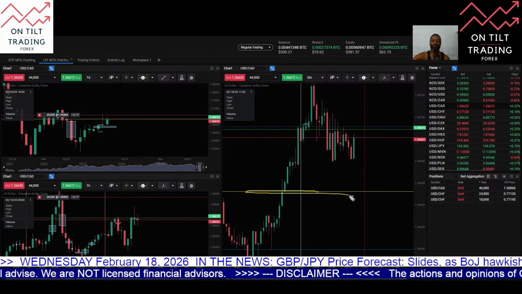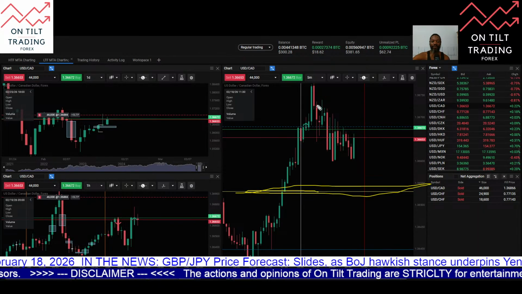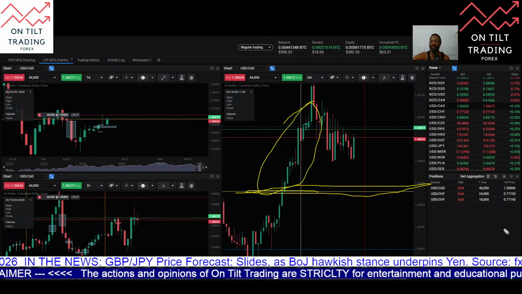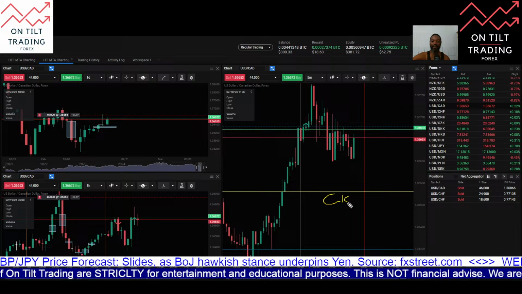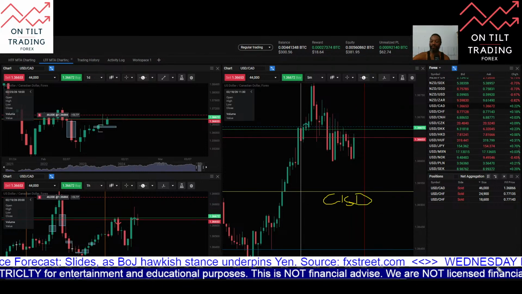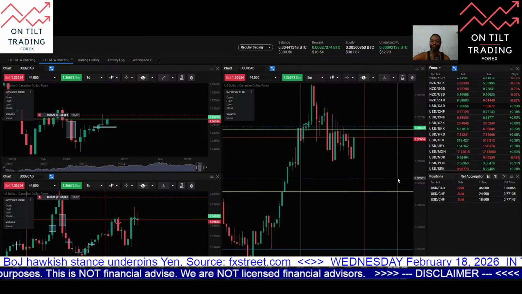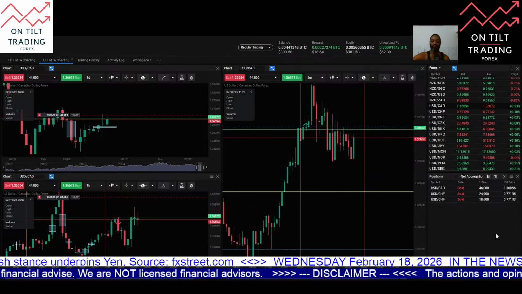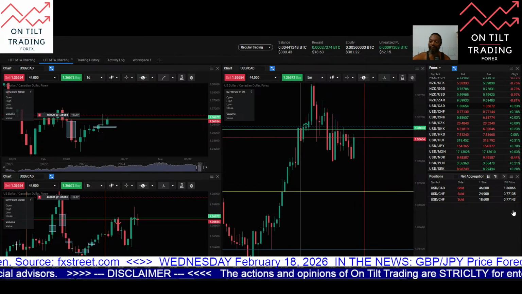Got this level here marked just because it's not the clearest to the eye based on this price action, but this level is the change in a state of delivery level for me for this pair currently. But not the cleanest to spot here.